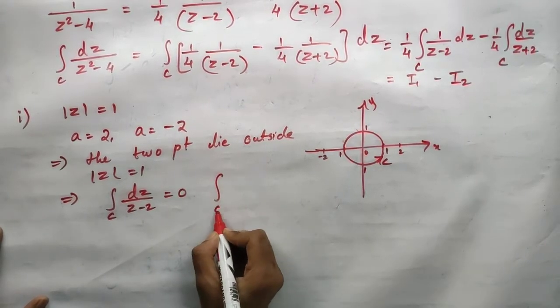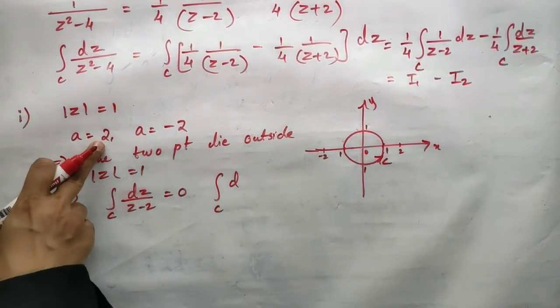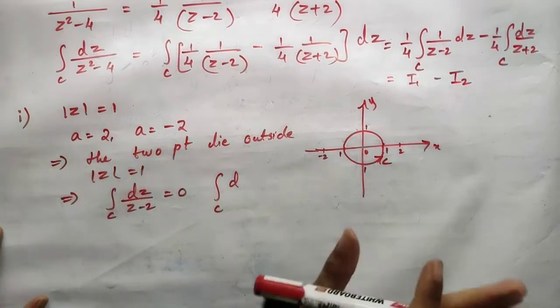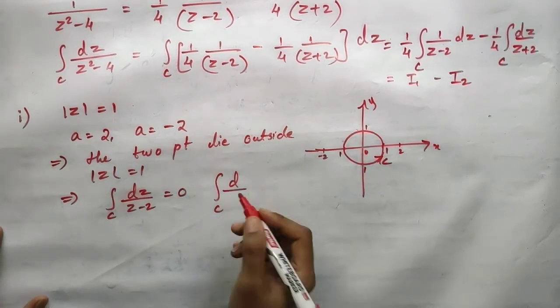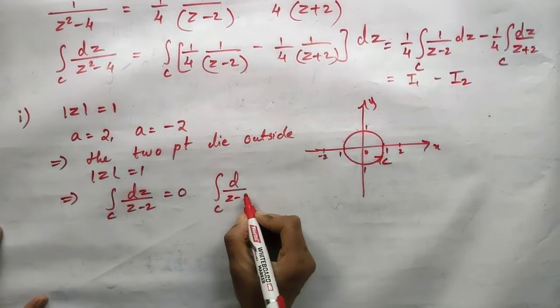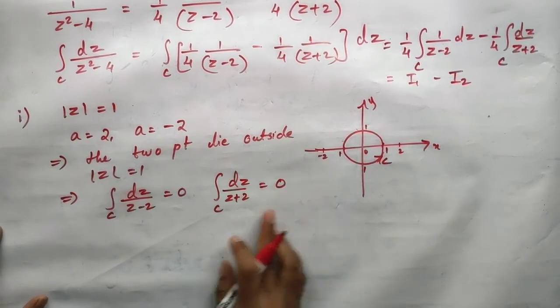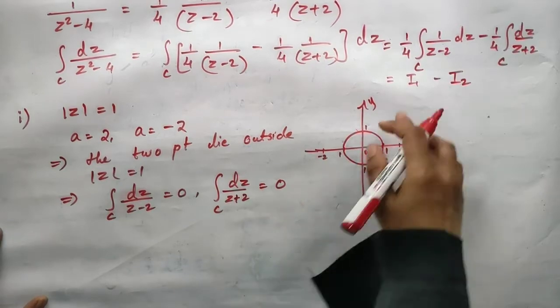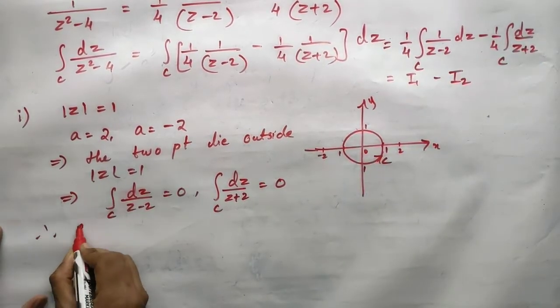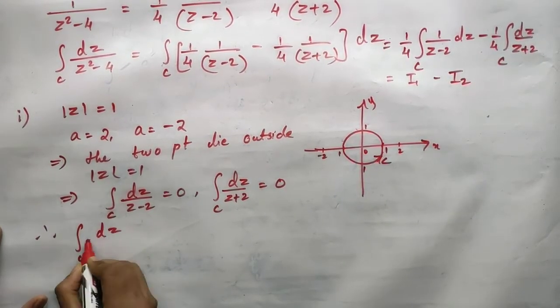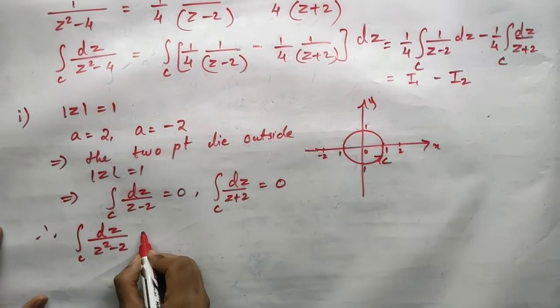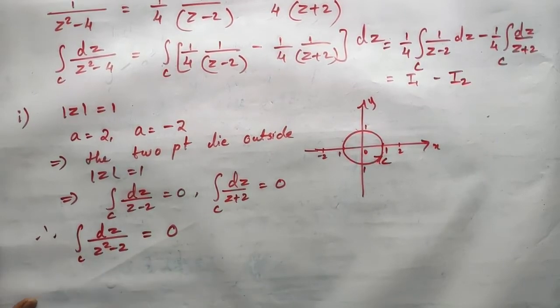Similarly, since a is equal to 2 is lying outside the curve, it will also be 0. And also the integration of dz divided by z plus 2 is also 0 because even this point is lying outside. Now when both are 0, therefore the integration over the curve C of dz divided by z square minus 4 is equal to 0 for this particular example.